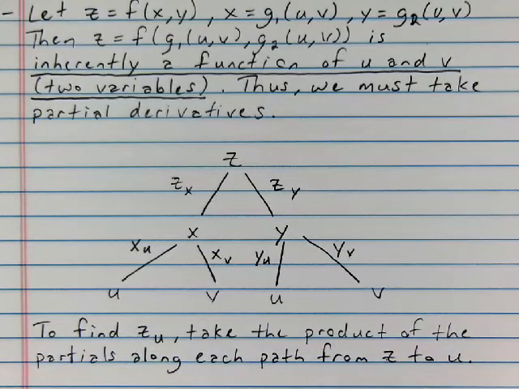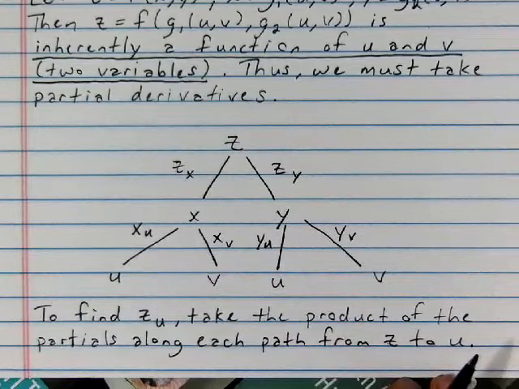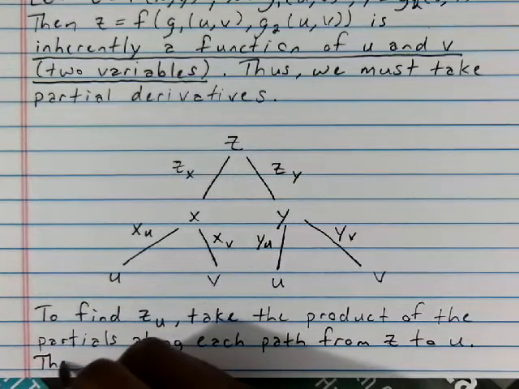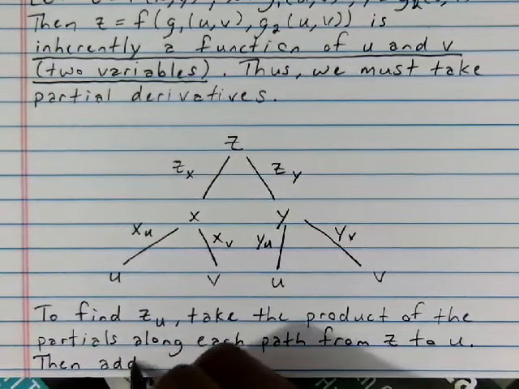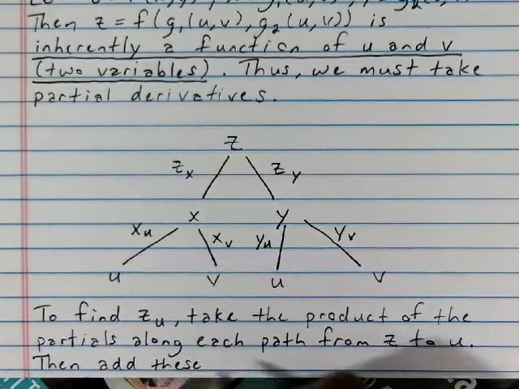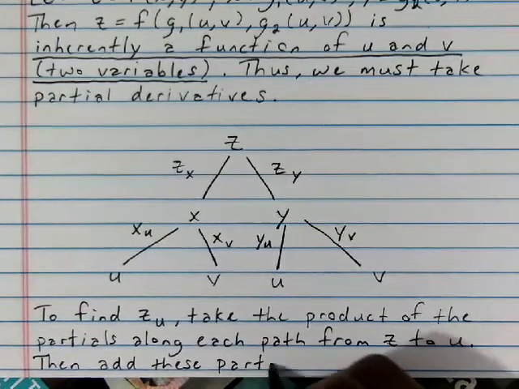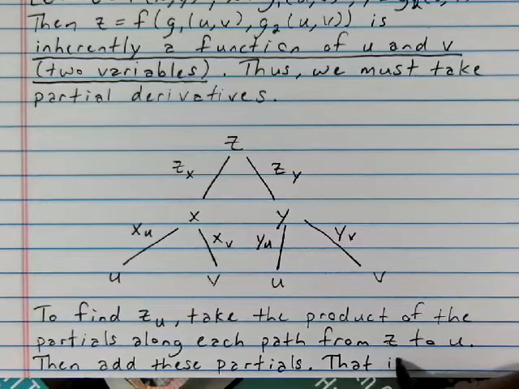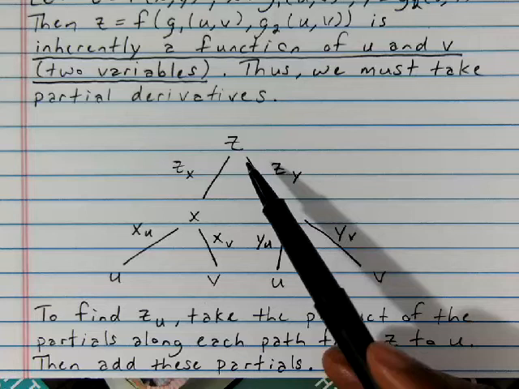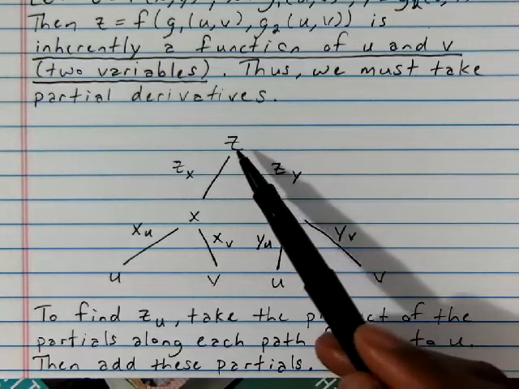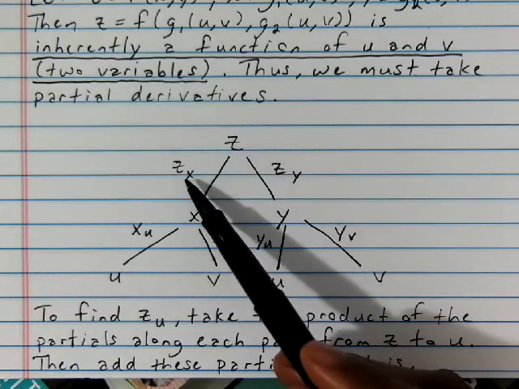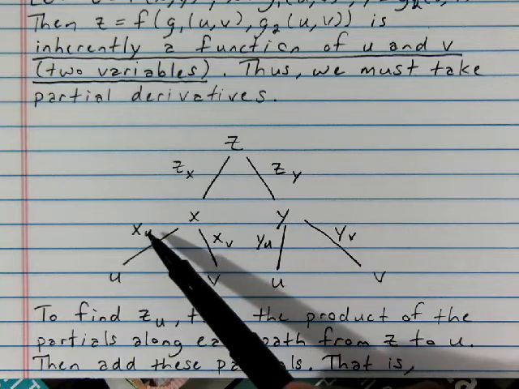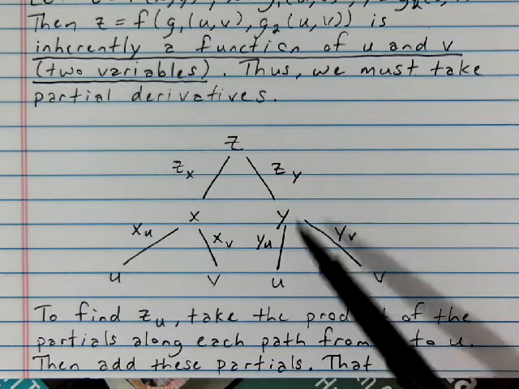Then add these partials. That is, and I'll say it here and then I'll write it on the next page, z sub u is equal to z sub x times x sub u, plus z sub y times y sub u.